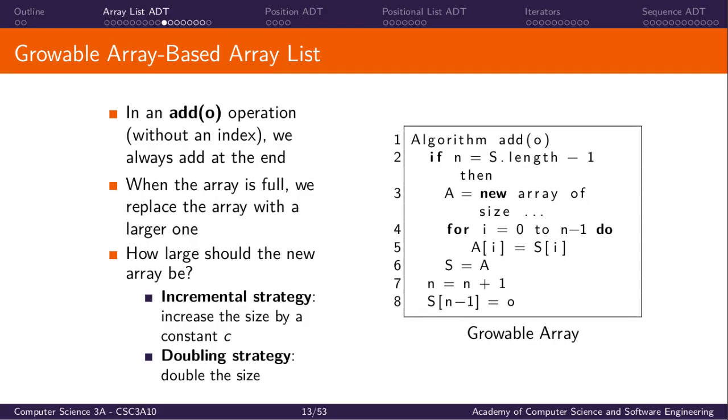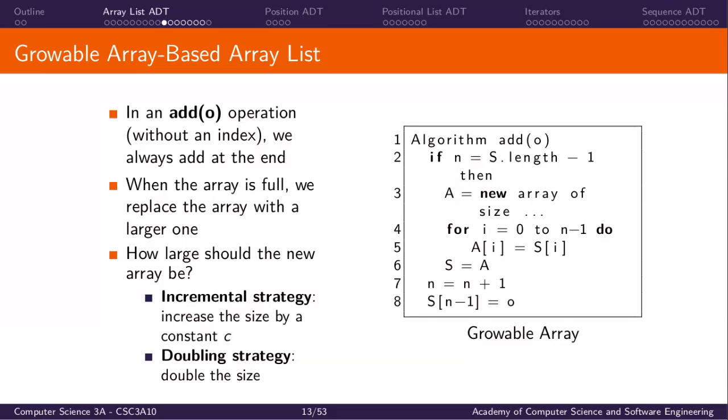And in that case, what we'll do is each time that we want to add something to our array list, we first check: when I add this thing to my array list, is my array going to be full? So that's that first line, the line 2 there. So if n is equal to s.length minus 1, so if I'm actually going to add it to the last index, then what I should actually do is create a whole new array of some size.